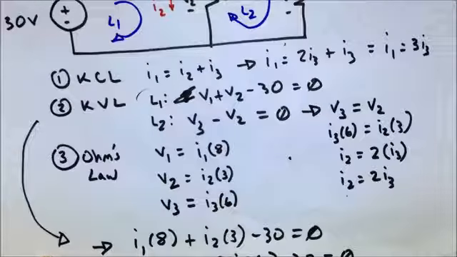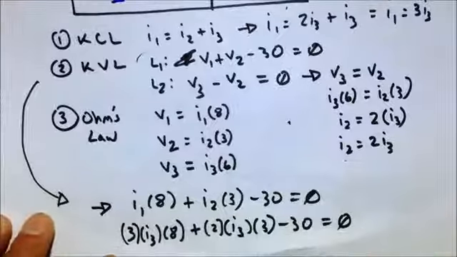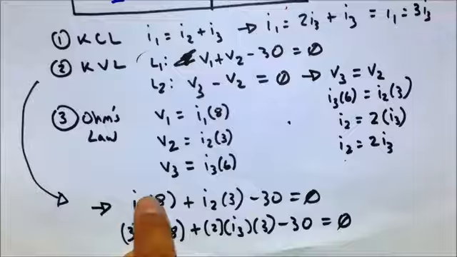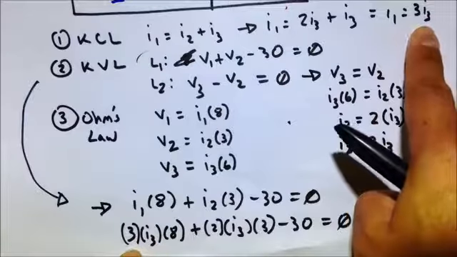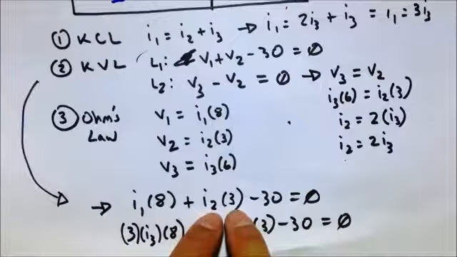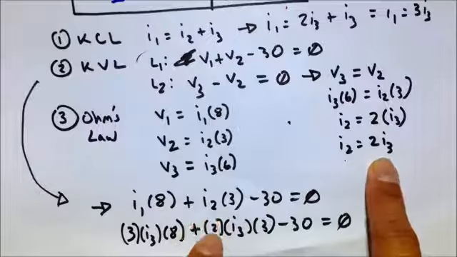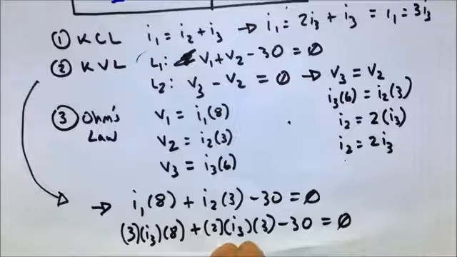Okay, one equation, one variable, we're golden. 3 times I3 is equivalent to I1 based off that equation, and I2 we know is 2 times I3. So now we have one equation with just one variable.